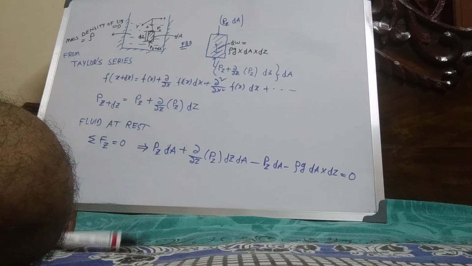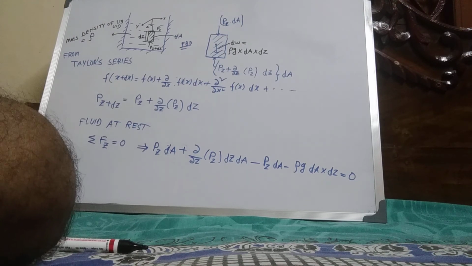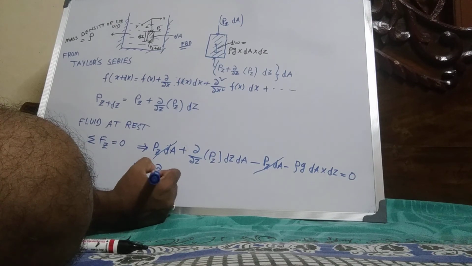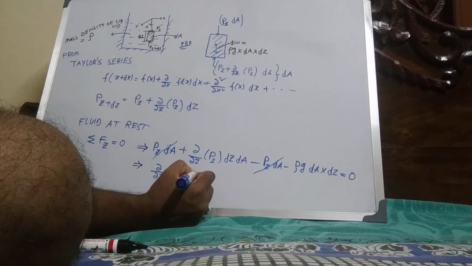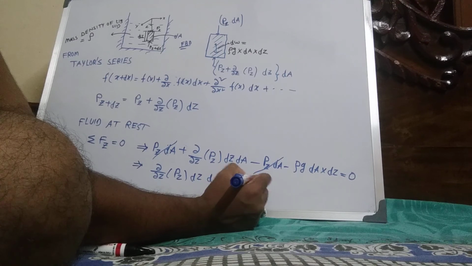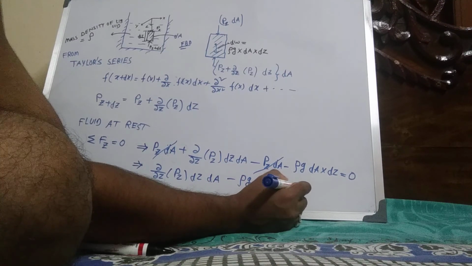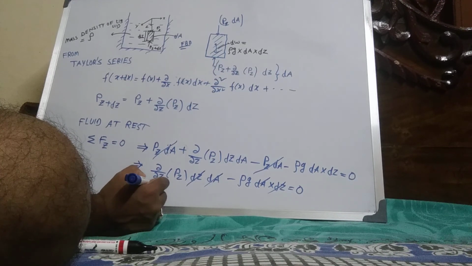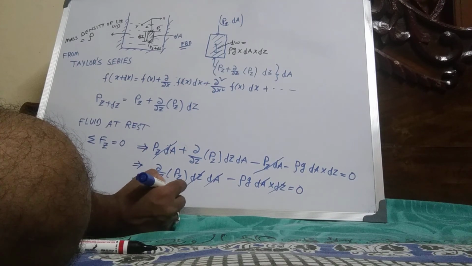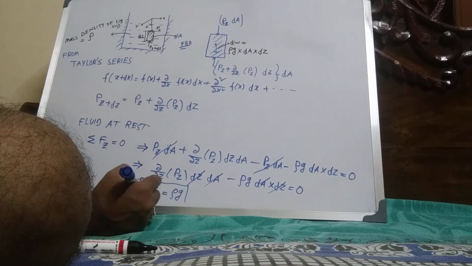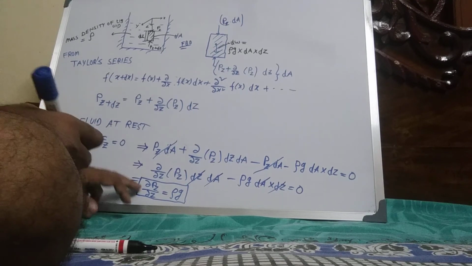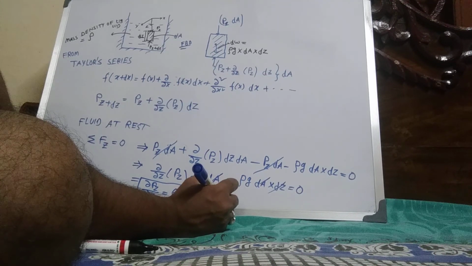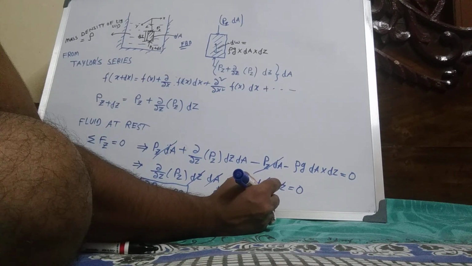At this condition this term cancels out, and dPz by dz equals rho g, a partial derivative, or gamma.